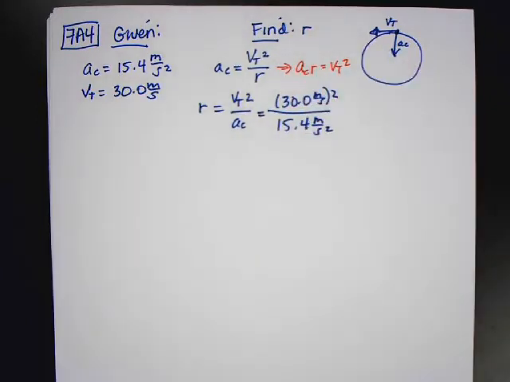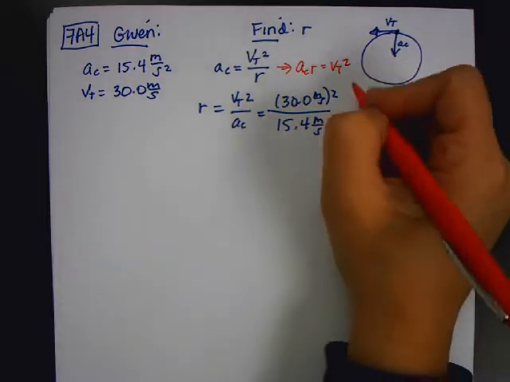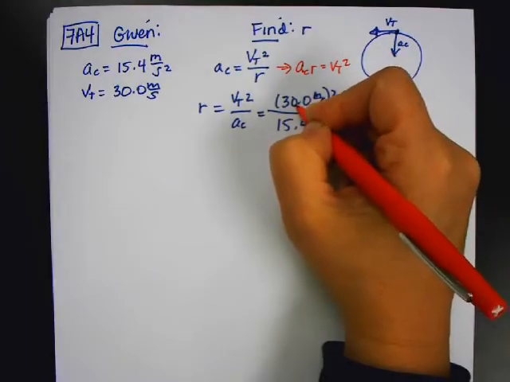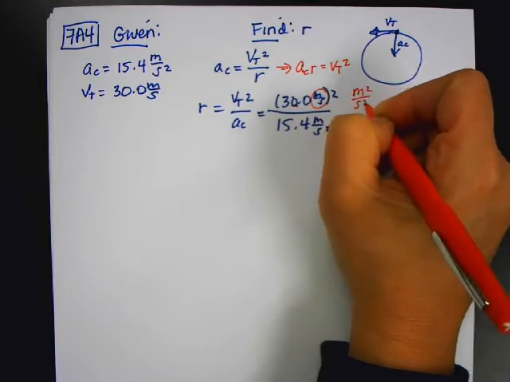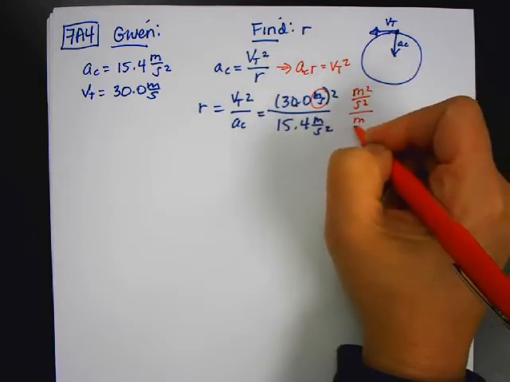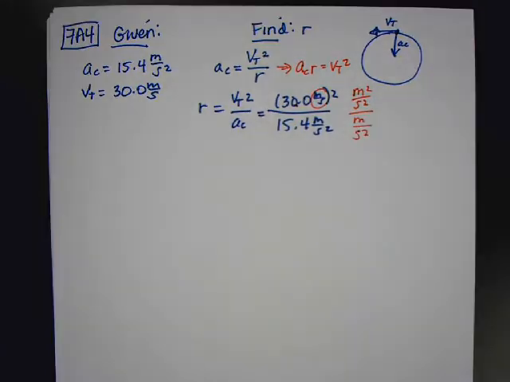Now remember, in physics, we have a foolproof way to check our work every time. Okay? So let me look at my units first. When I square the 30, I have to square my unit. So I'm going to have meter squared over second squared divided by a meter per second squared. If you have a hard time with your units like that, just do it on the side.